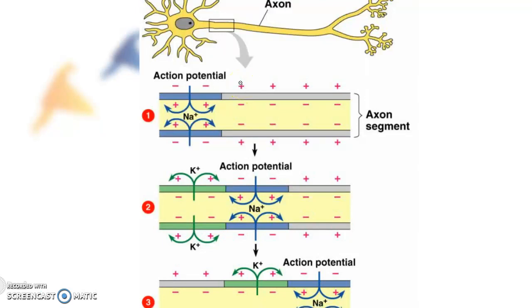And for an action potential to occur, this happens when there is a disturbance in the cell membrane. This disturbance could occur when you suddenly get exposed to any hot object, or you could suddenly hear a loud sound. So these are external things that could create these stimuli.